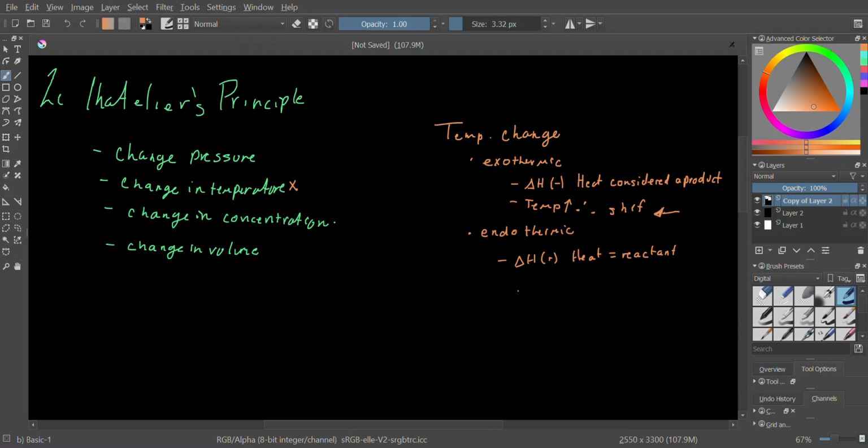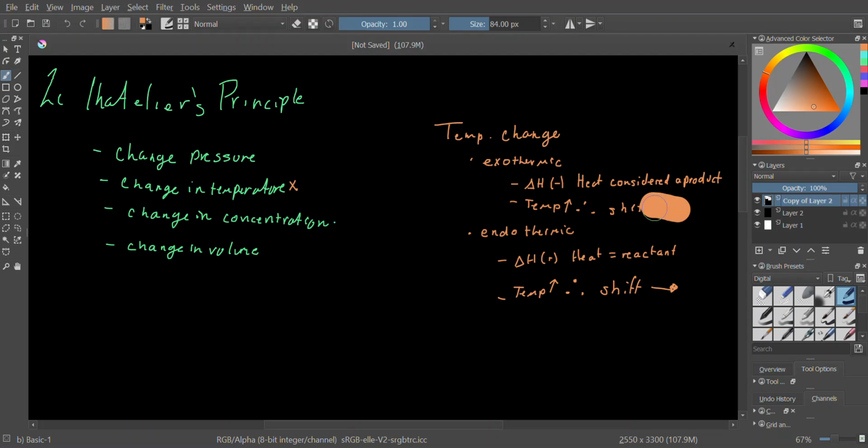And same thing over here. If we have a temperature increase here, and our heat is a reactant, that means we're making more reactants, so therefore we would have a shift to the right towards our products.